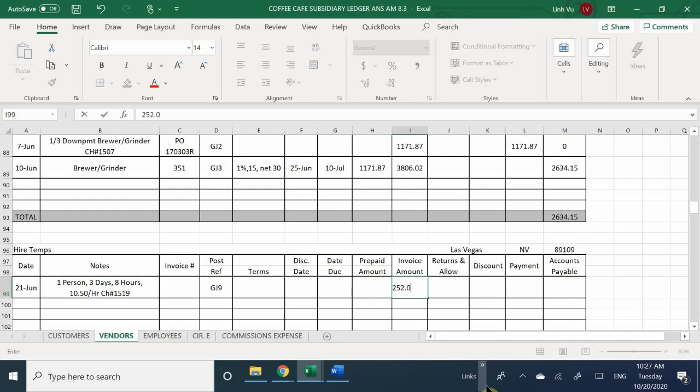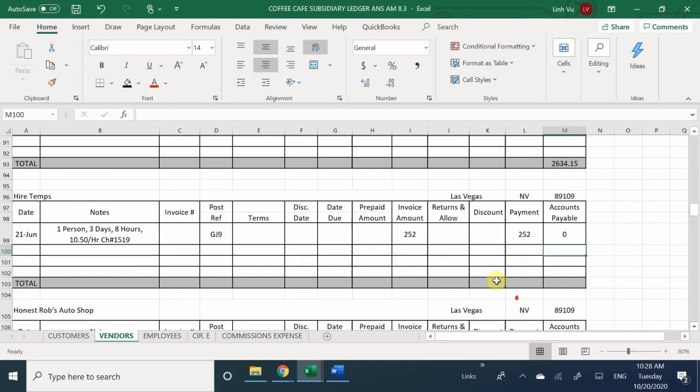The bill amount is going to be $252, and we made the payment with check number 1519. So therefore, my formula should be my invoice minus my prepaid minus my returns minus any discounts minus my payments. So I owe Hire Temps $0.